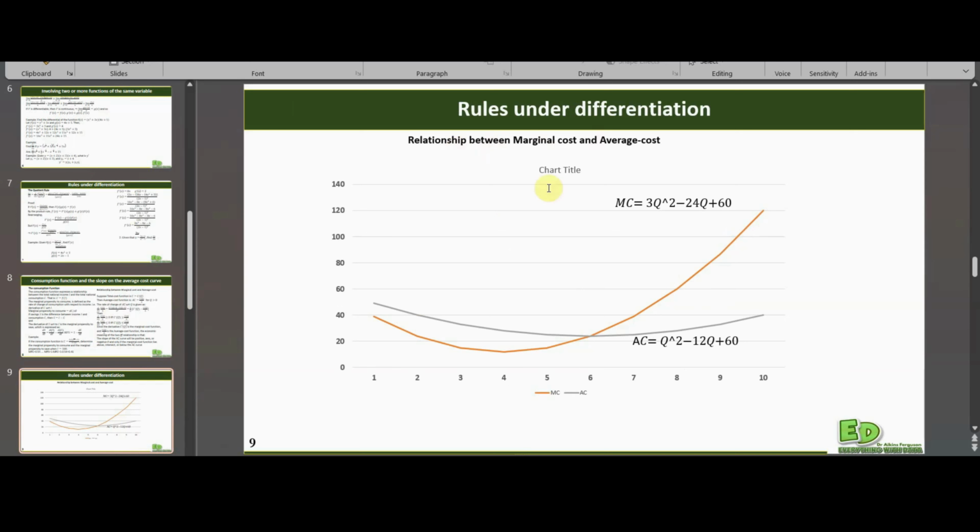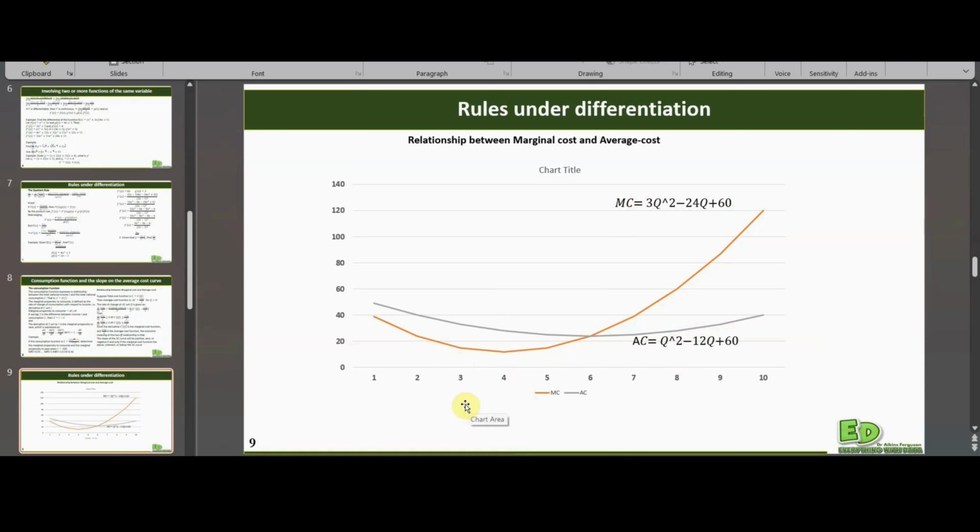So these two functions, the MC function and the AC function, this graph over here, simply represents the cost analysis, focusing on our marginal cost function and the average cost function.